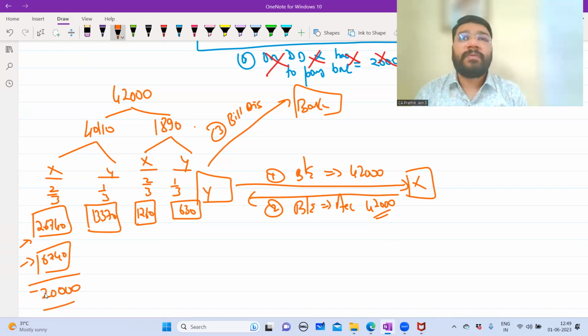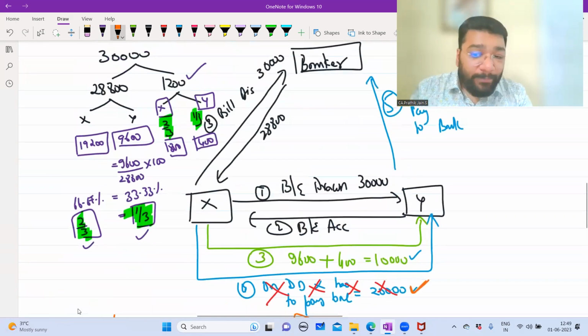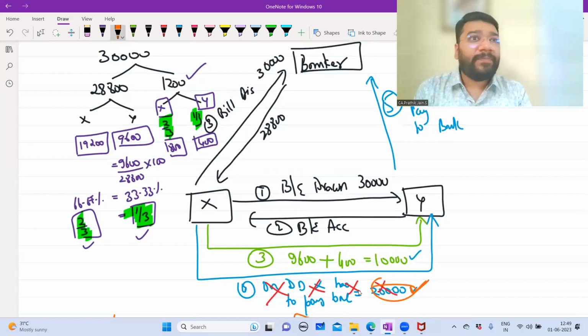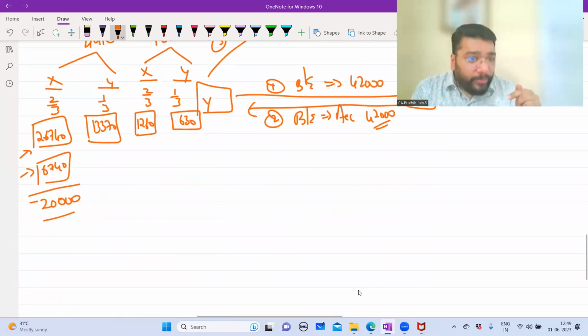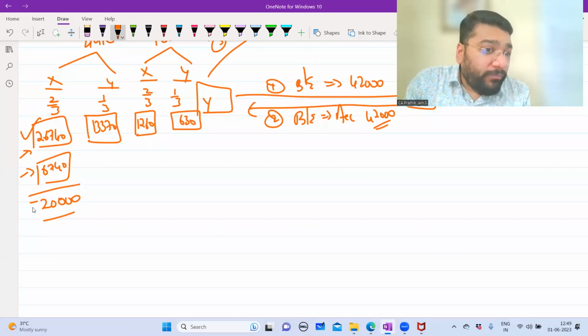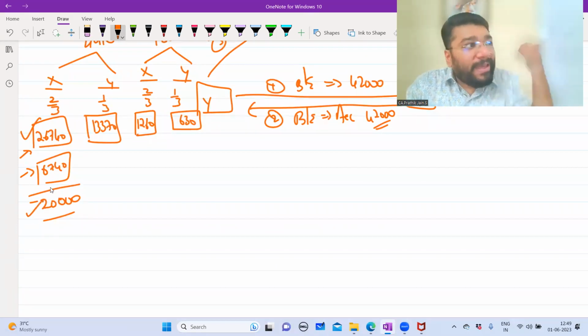Yes or no? Why is 20,000 a shortfall? Because in the previous bill, we were supposed to receive from X 20,000. In the previous bill, X was supposed to give 20,000. In the second bill, Y is supposed to give 26,740. So Y says that I have to give you so much, you have to give me so much, so I'll adjust this and give you the balance 6,740.